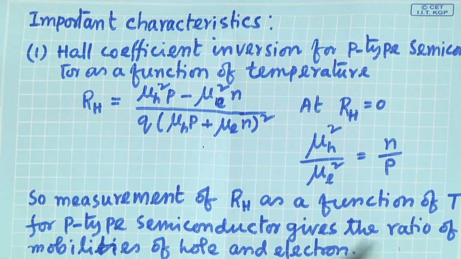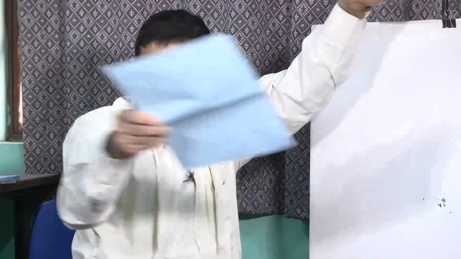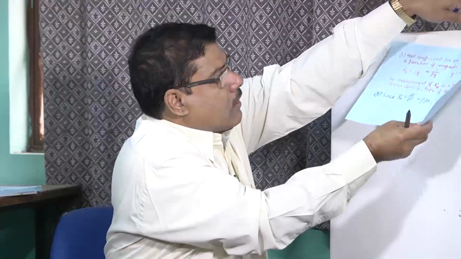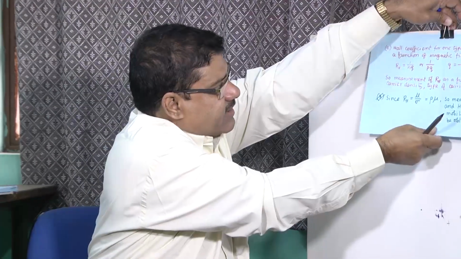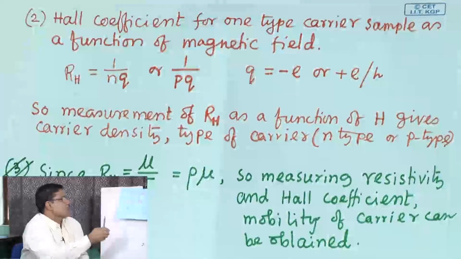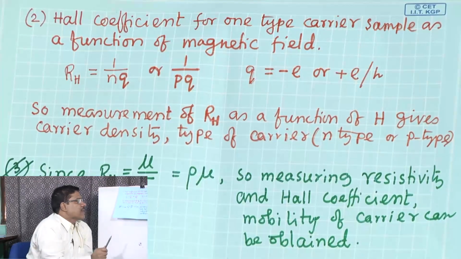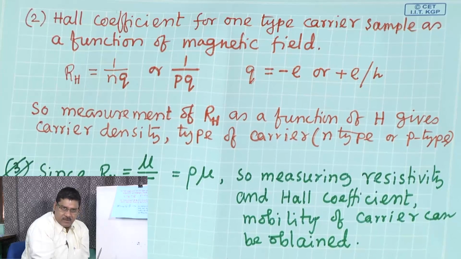effect. Second is the Hall coefficient for one type of carrier as a function of magnetic field. That follows as I mentioned. So measuring R_H as a function of magnetic field gives the carrier density and type of carrier, as I described.